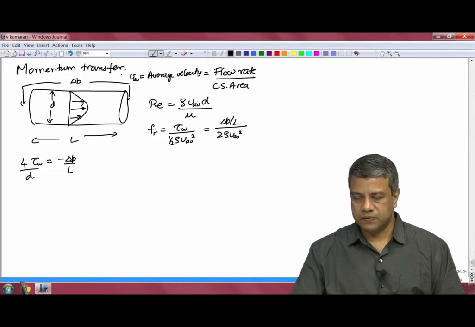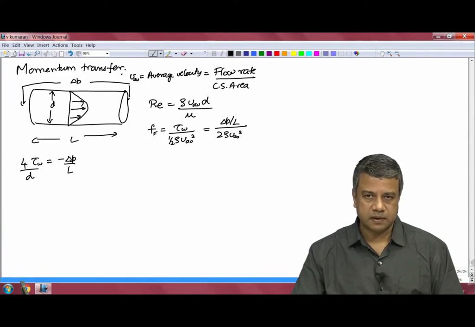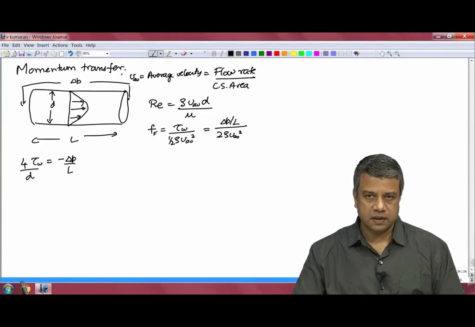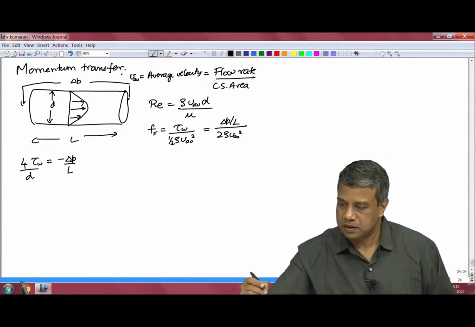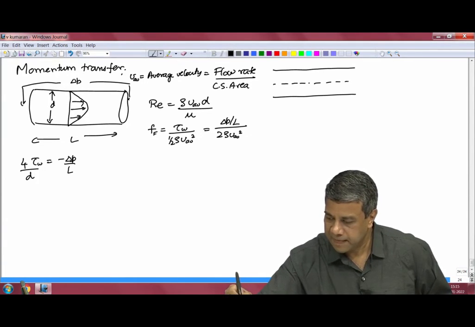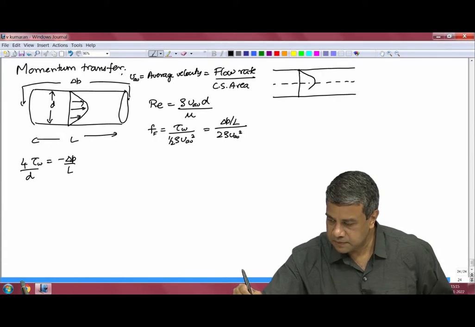Now, for the flow in a pipe, there are two distinct regimes, what is called a laminar flow and a turbulent flow. For the laminar flow in a pipe, the velocity profile is a parabolic profile.